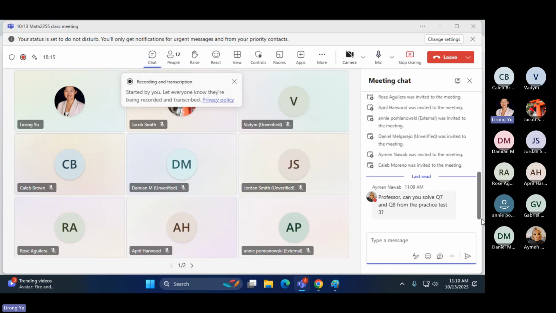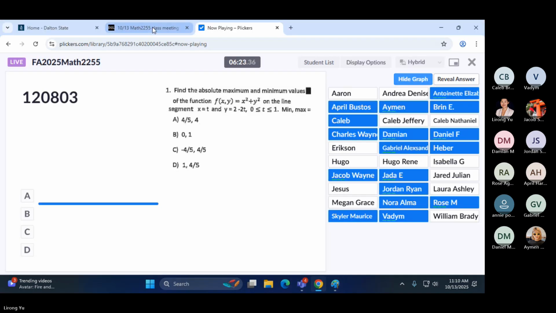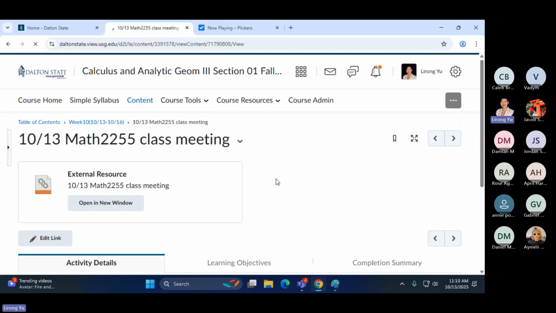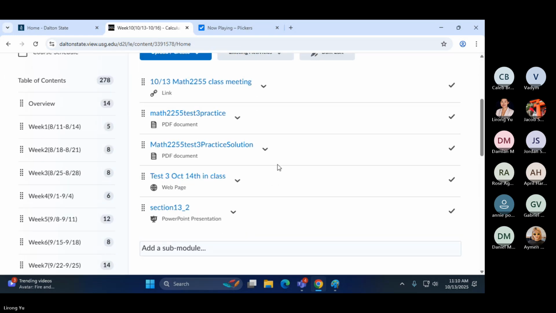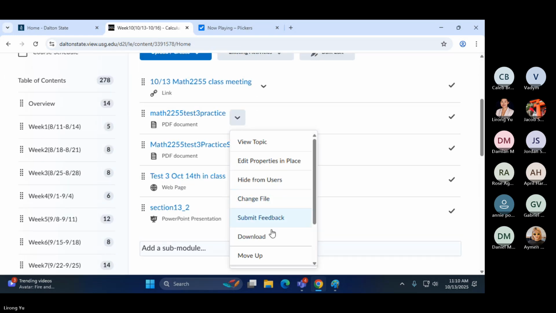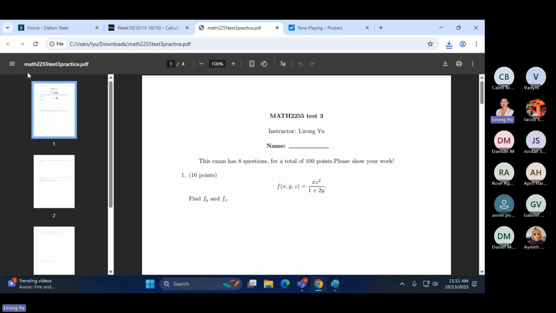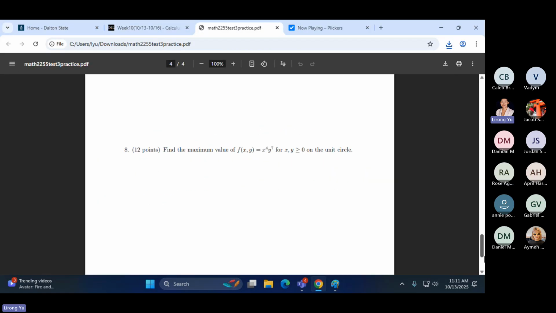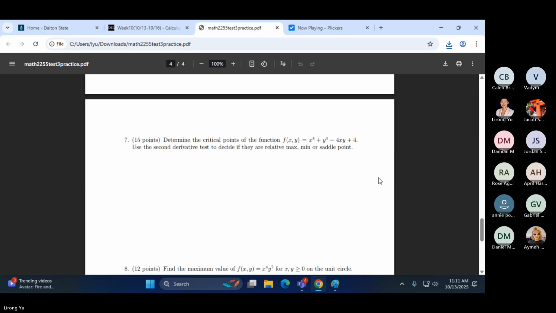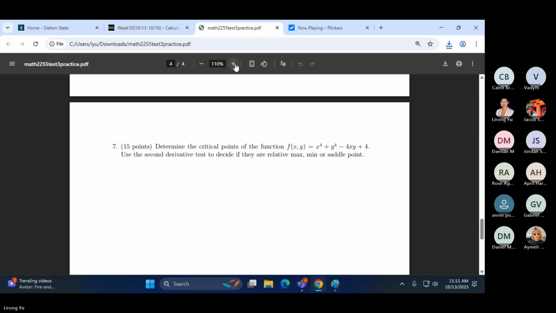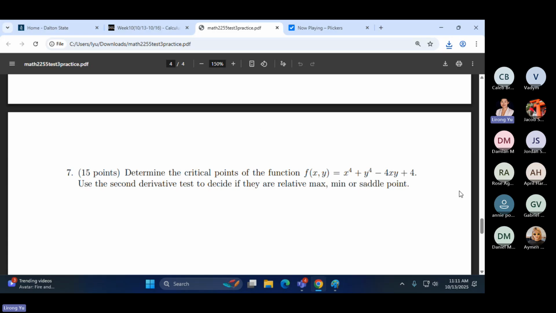Okay, questions 7 and 8 of the practice test. The solution is also there, but we can try to start from the beginning. So question 7: find the critical point and then determine if it is a relative maximum, minimum, or a saddle point.